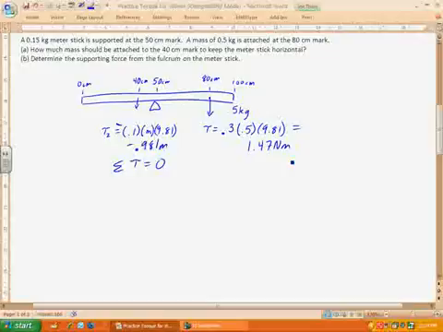So if I rewrite that, adding the torques together, so I've got torque 1 plus torque 2, so 1.47 minus 0.981 m should add together to give me 0, because the torques have to balance. And so let's go ahead and solve that.